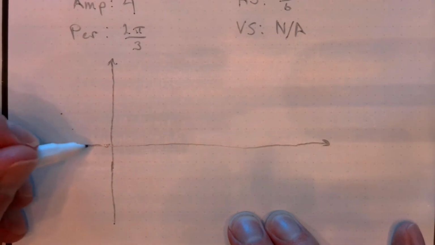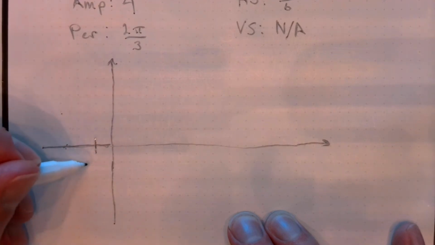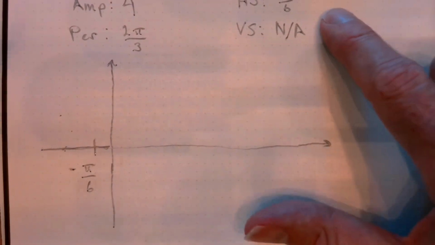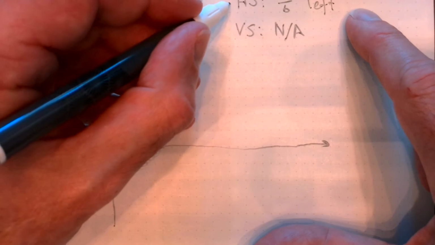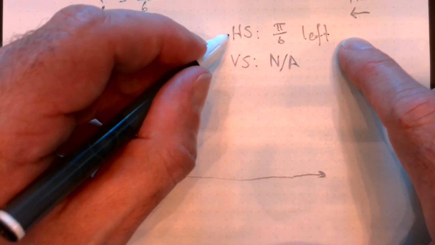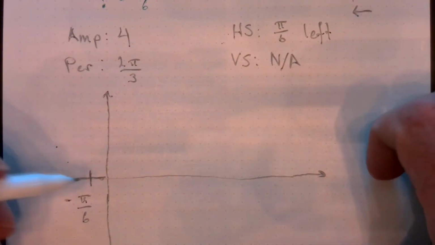Because remember, I need to start over here at negative pi over 6, okay? Your horizontal shift tells you where to start the cycle. And this tells you how long the cycle is going to be.